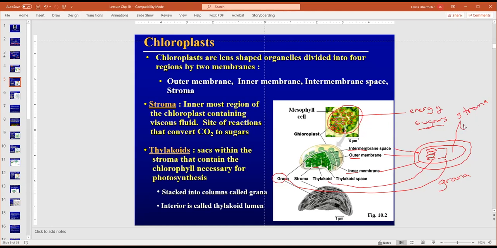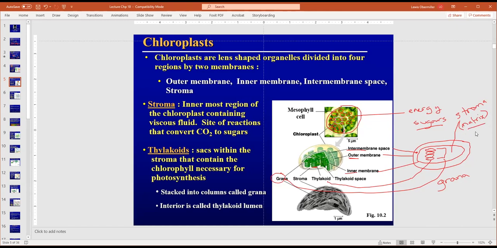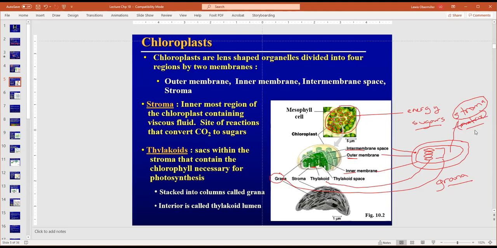This is equivalent to the matrix, which is the inside part of the mitochondria. So if you know the mitochondria, you pretty much know the chloroplast. The only thing that's different is they have these thylakoid discs that are stacked on top of each other, and those are called grana, and you just need to learn that. And that the inside part is called the stroma instead of the matrix, which it was called in the mitochondria.